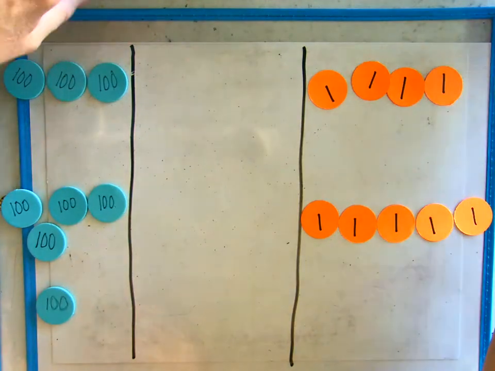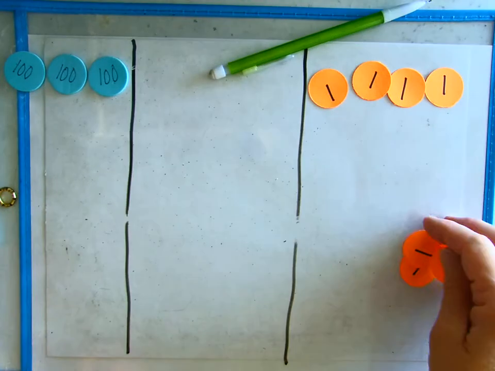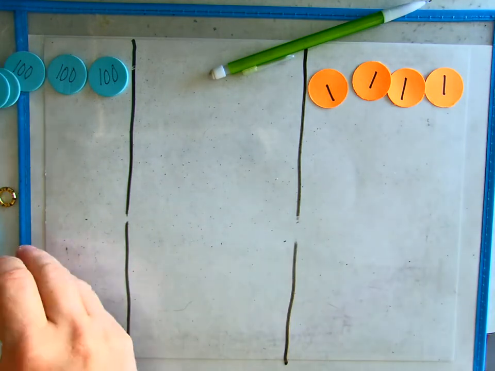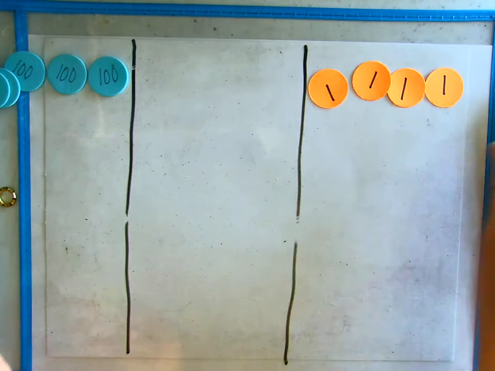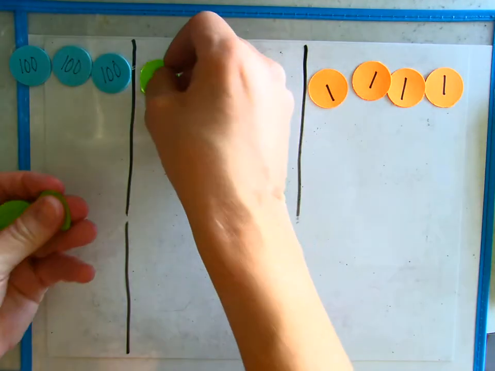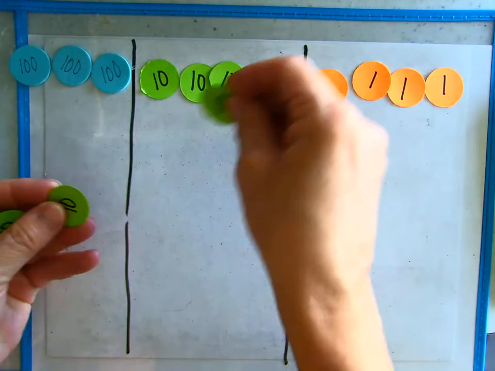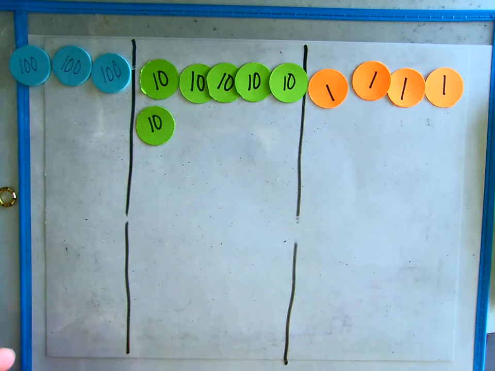364 plus 326. 364. So that's 6 tens. 1, 2, 3, 4, 5, 6 tens, 4 ones.